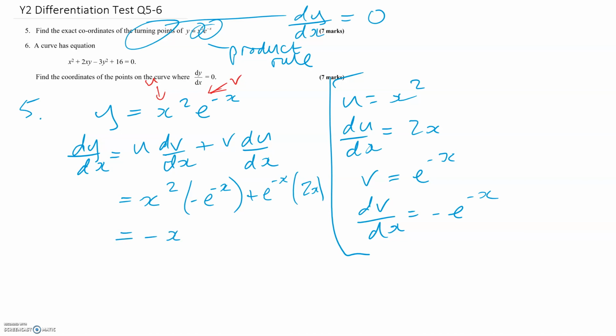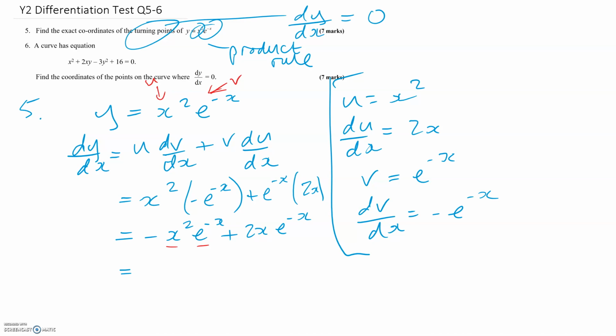So that's minus x squared e to the minus x, and that's plus 2x e to the minus x. So you can see this will factorize, because we could take out an x and an e to the minus x from everything. So let's just do that.